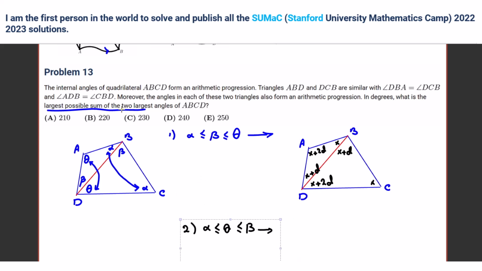Let me ask you something. We solved a problem like this, I remember, that for example, angle A less than B less than C in a triangle, then if they form an arithmetic progression, we can find the angle B, the mid angle. Yeah, I remember the problem.